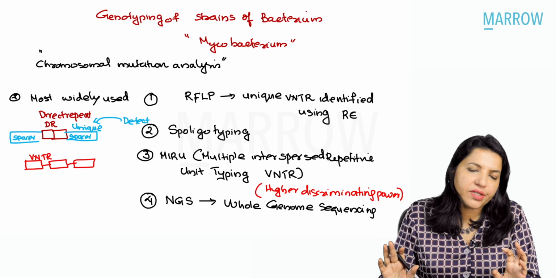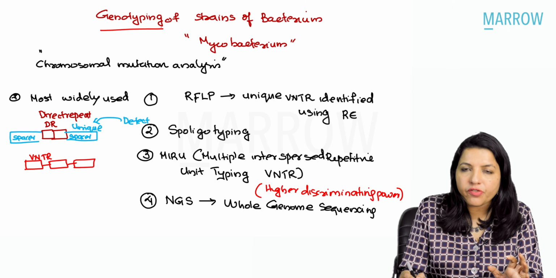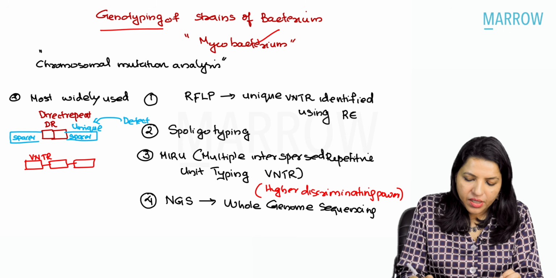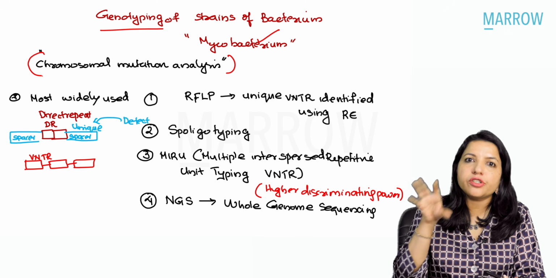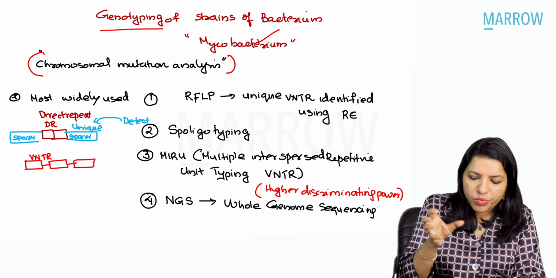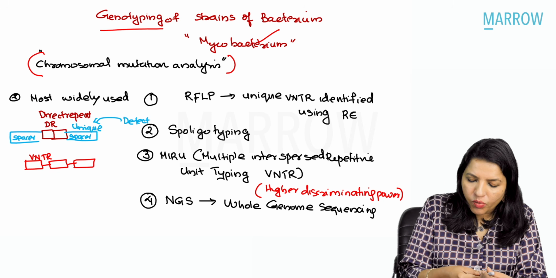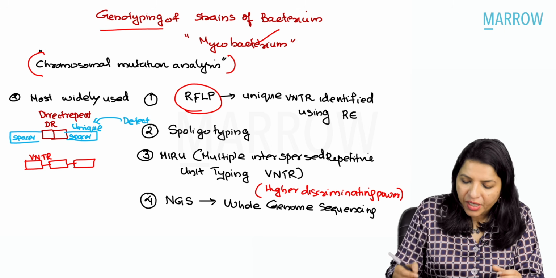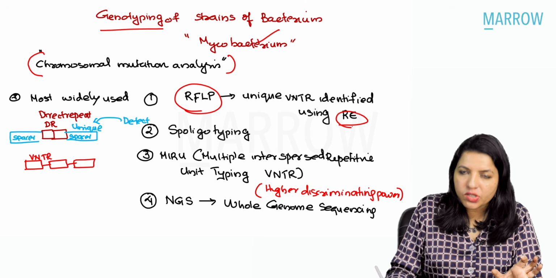What are the techniques used for genotyping the strains of bacteria, especially Mycobacterium, because it is a DNA material? Generally, all the techniques together are called chromosome mutation analysis. That was one of the options. Then there is RFLP, restriction fragment length polymorphism, where two strains are identified using an enzyme called a restriction enzyme.